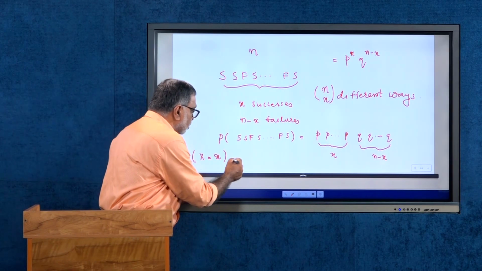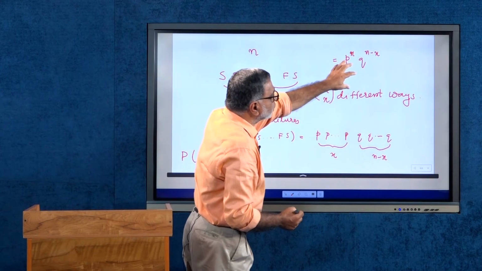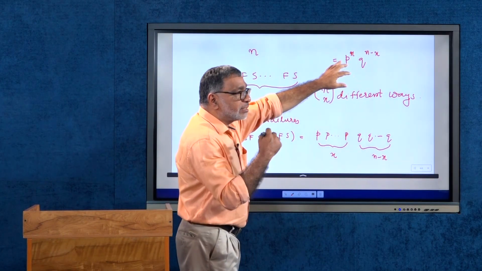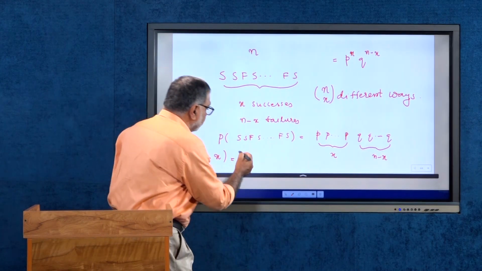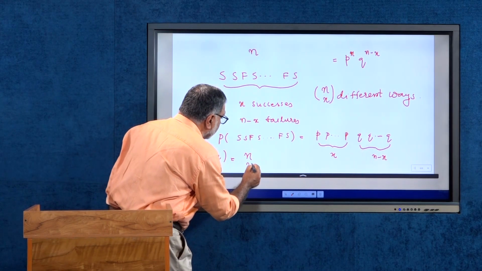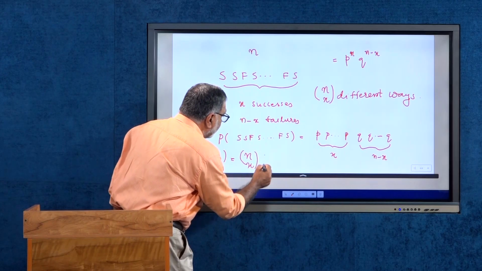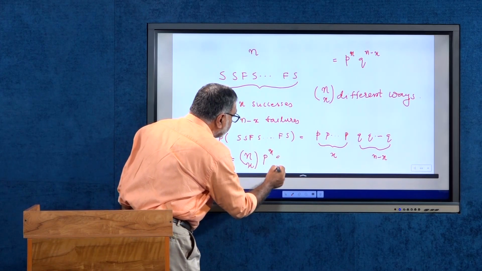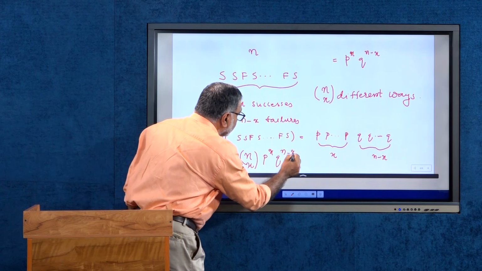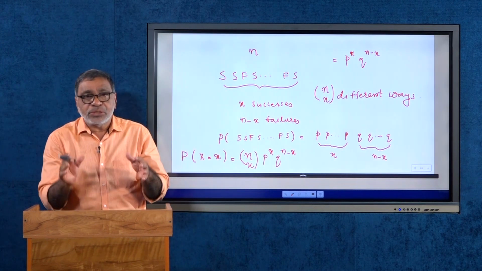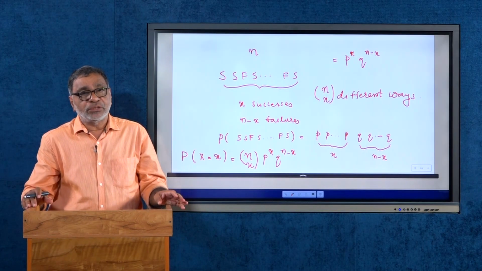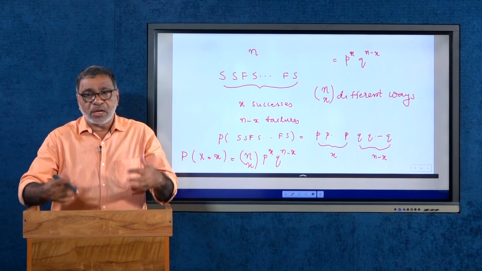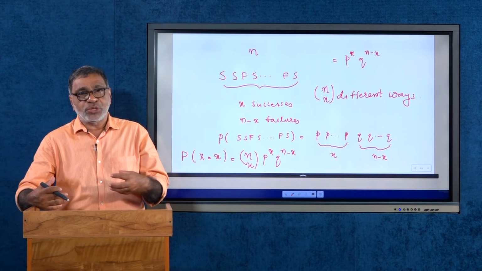That means this p power x q power n minus x is added nCx times. That means the value is equal to nCx p power x q power n minus x. So this is the probability mass function of the binomial random variable. How are we deriving the binomial probability mass function?